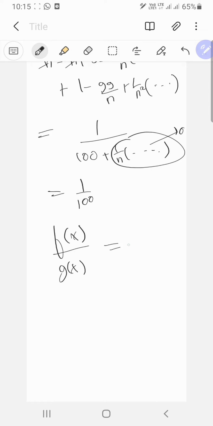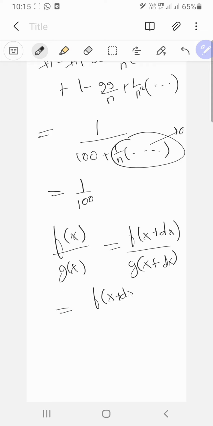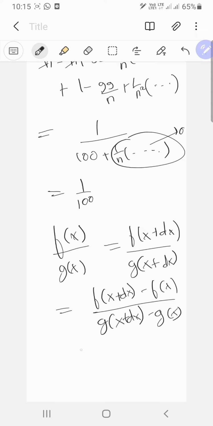This would be the same as f of x plus dx upon g of x plus dx, and then we used the theorem on equal ratios to say this is also f of x plus dx minus f of x upon g of x plus dx minus g of x, and from there it is obvious this is going to be d f of x upon d g of x.